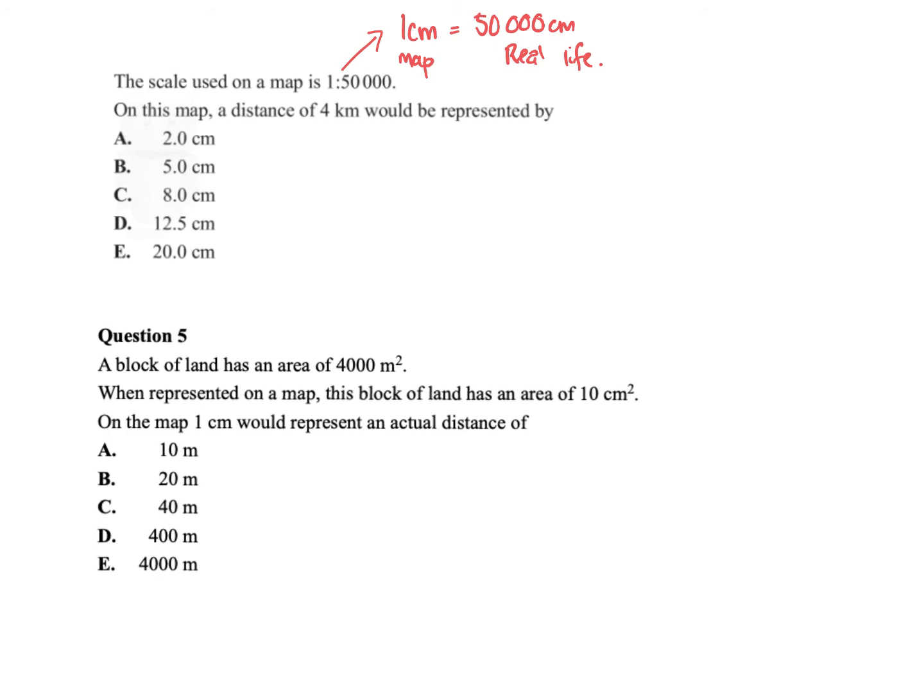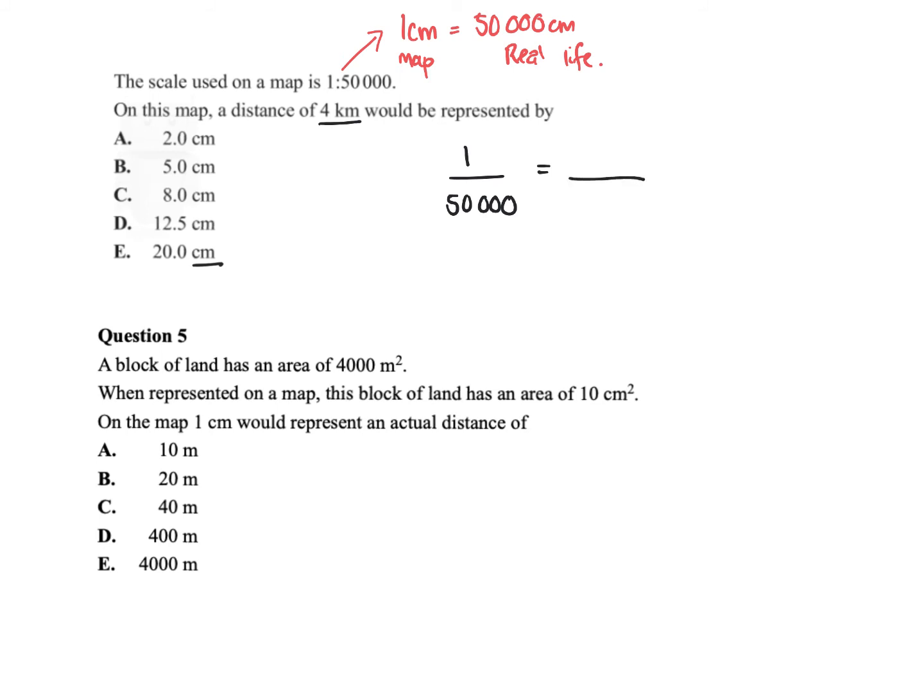So on this map, the distance of 4 kilometers can be. You can just set it up the same. Because they're using centimeters, we can just say 1 over 50,000. Now they're saying this is a real distance, so that's the bigger bit.